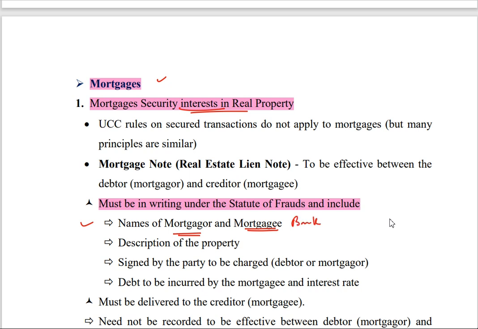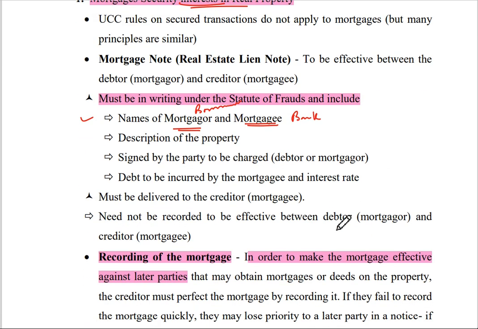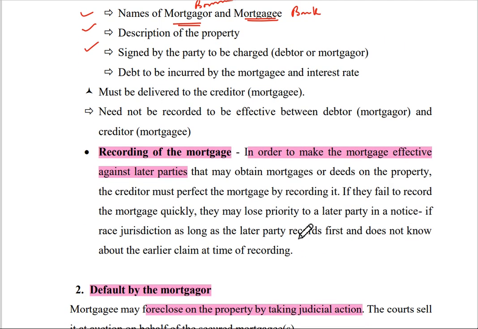So the bank is the mortgagee, and the borrower is called the mortgagor. In the writing you need to have the names of the mortgagor and the mortgagee, a description of the property, signed by the party to be charged, in order to enforce against him. You also need to record the mortgage. Why would you record it? To basically get a claim against other parties who might raise a claim later on.